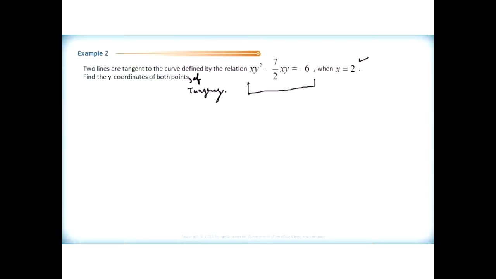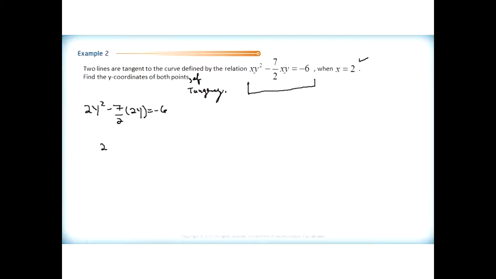Well, it's only an exercise in algebra now. Let me rewrite that for you because I shouldn't let that be so messy. So when x equals 2, it'll become 2y squared minus 7 halves of 2y equals negative 6.